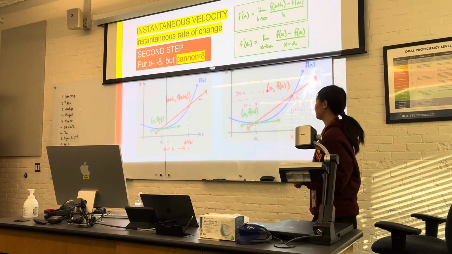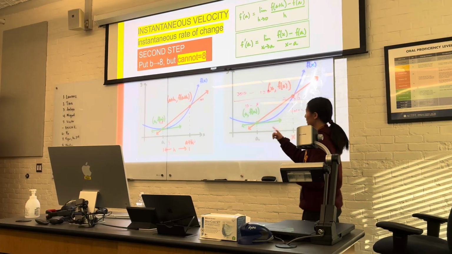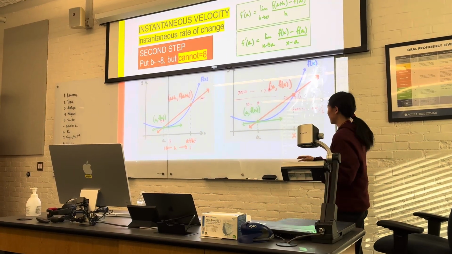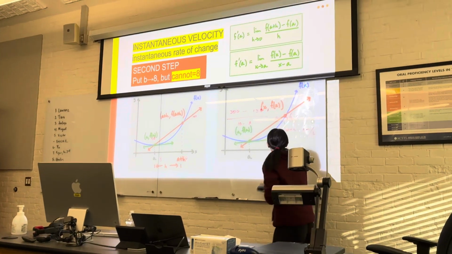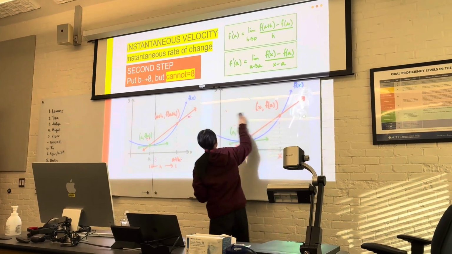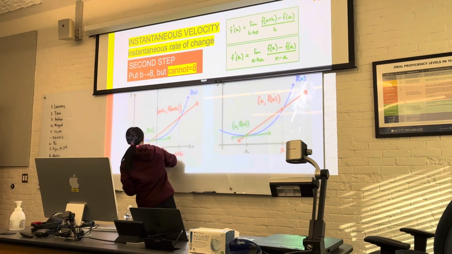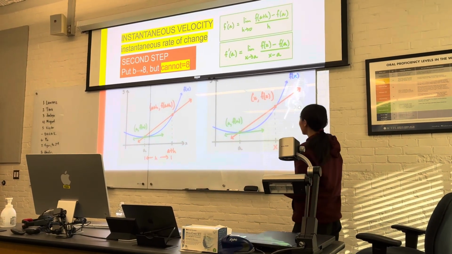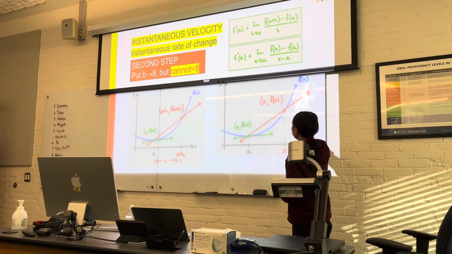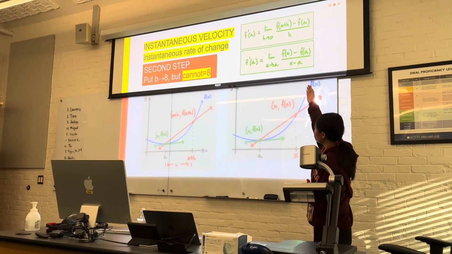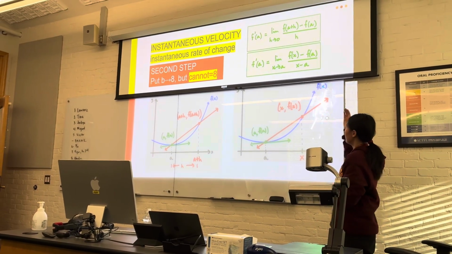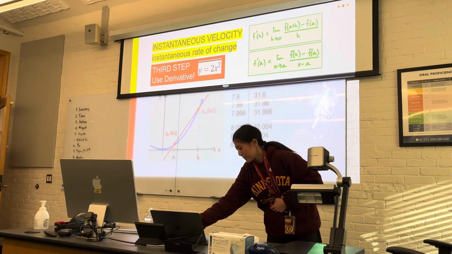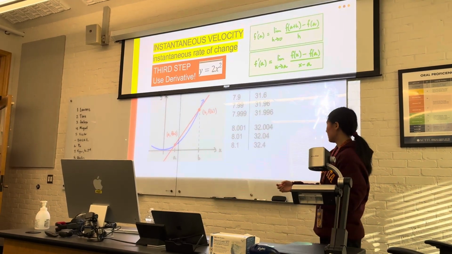The second step, we want to make B go to 8, but B cannot equal 8. And in this graph, in this step, we can use the limit. And if we use the limit, we can go to the third step.